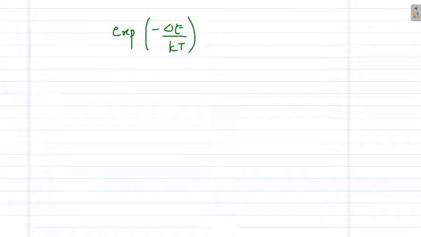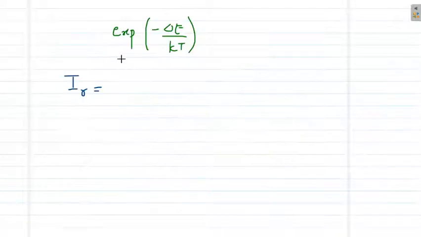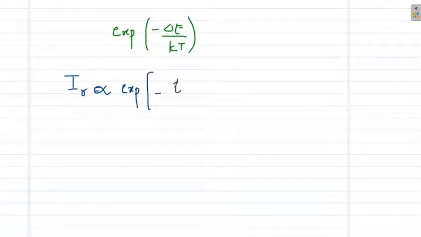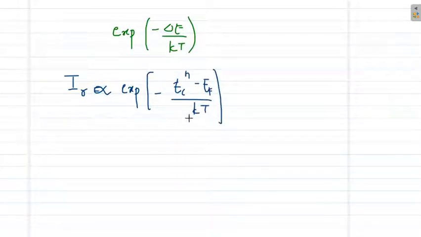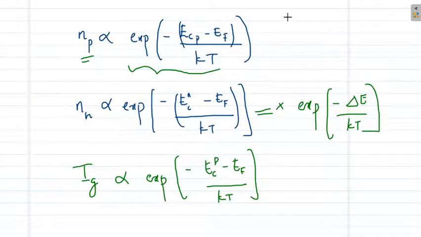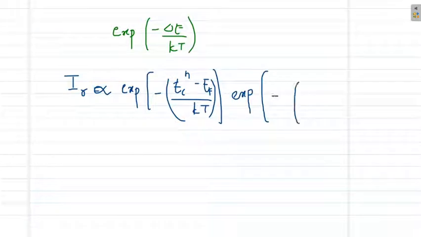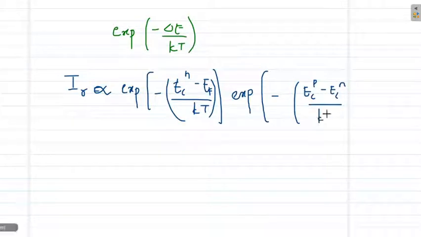When we write the equation for IR, which is due to the electron motion from the N side to the P side, it will be proportional to exponential minus ECN minus EF by kT, which is the NP factor, multiplied by exponential minus delta E by kT, which is exponential minus ECP minus ECN by kT.